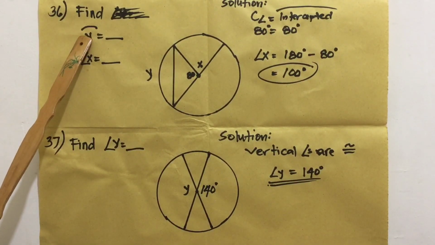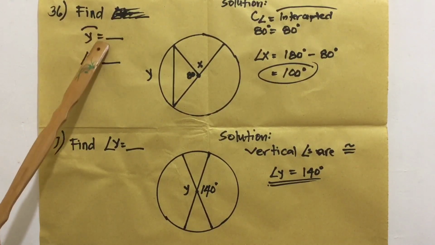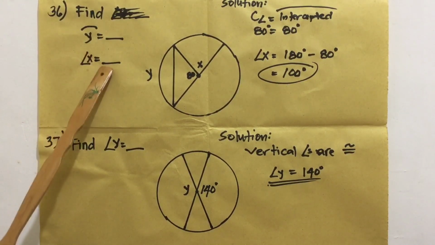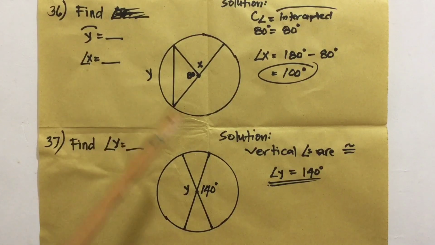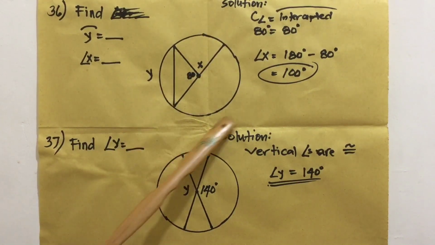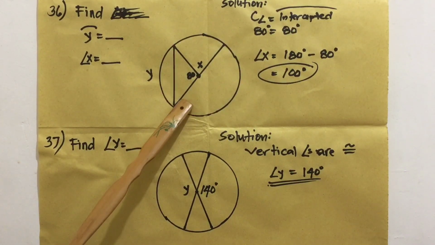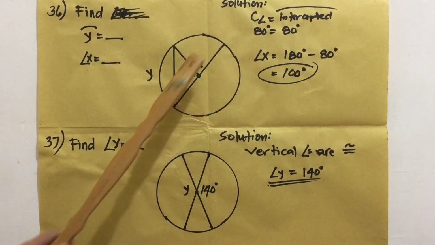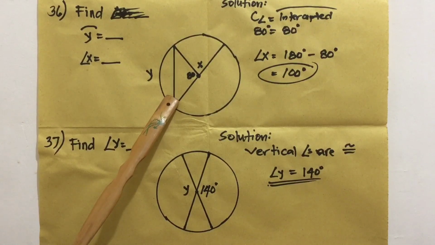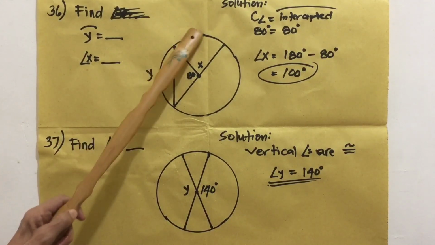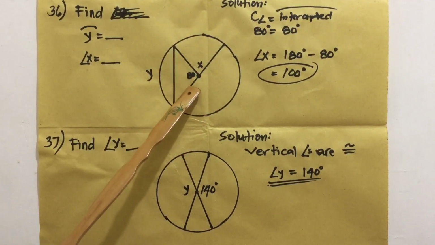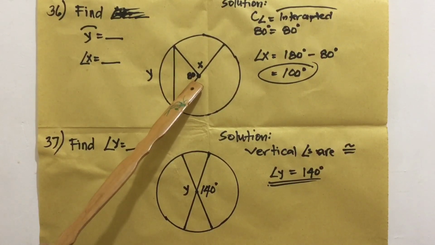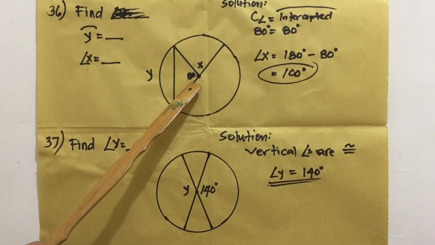Find intercepted arc y and the angle x. So first we have to analyze the given circle, and we have here the diameter, which divides the circle into semicircles. So we have 180 degrees here, and the given angle here, which is the central angle, is 80 degrees.